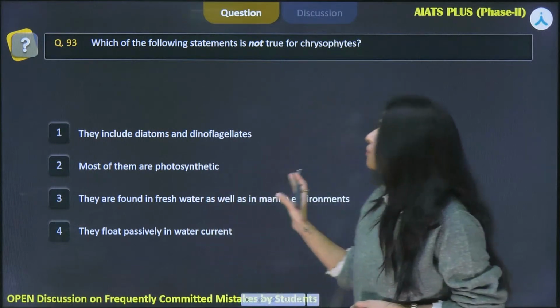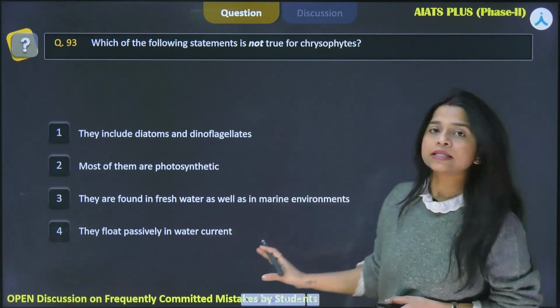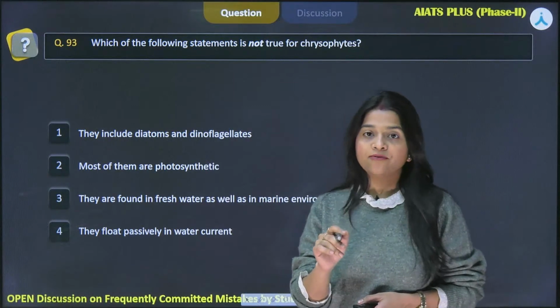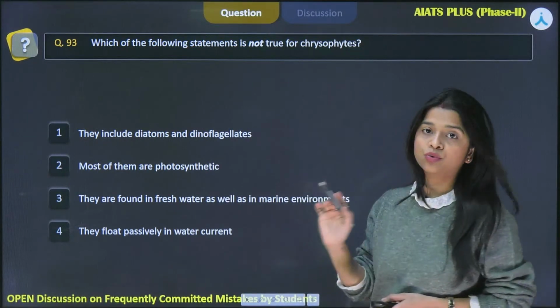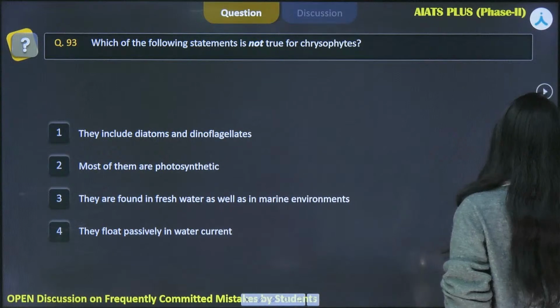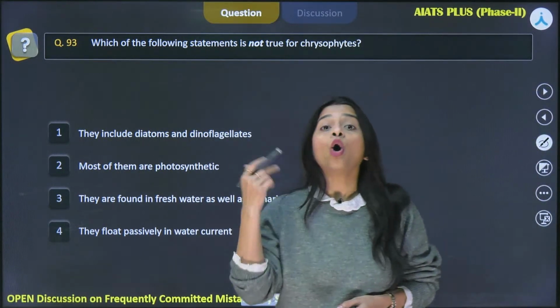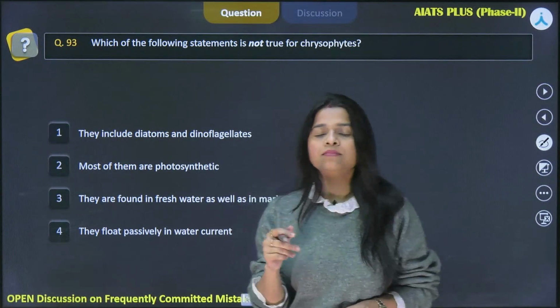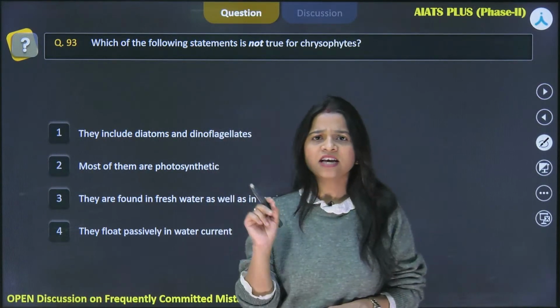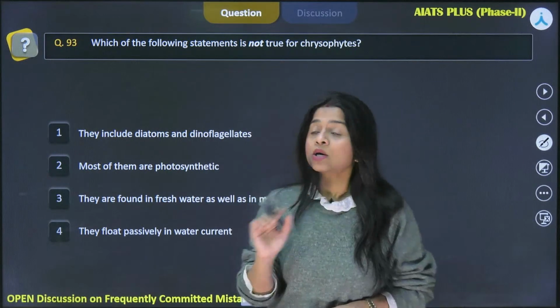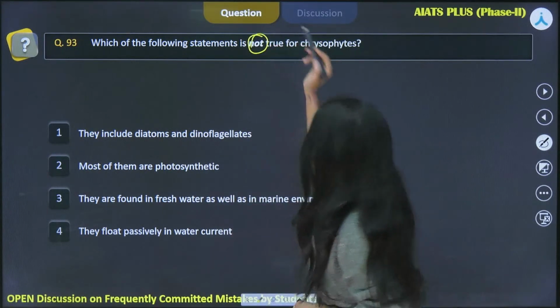But here we have been given these characteristic features, and we have to identify which one is not true. Always pay attention to terms like not, cannot, and odd one out. Sometimes in a hurry we simply take the first answer, oh right, this is the correct one, but the question says which is not true.